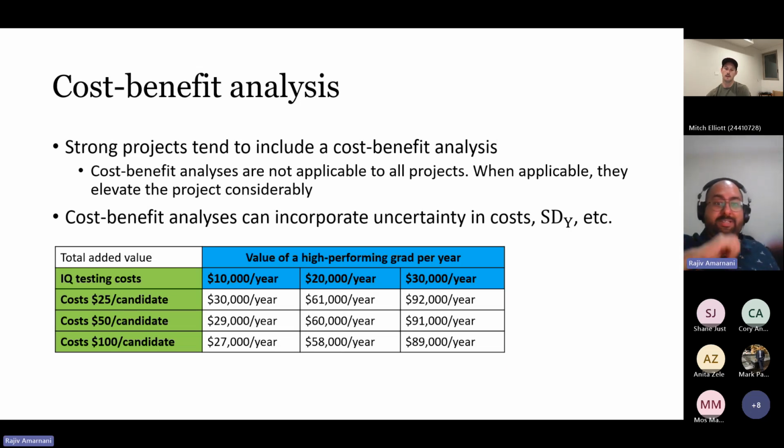Mitch, please. Yeah, go ahead. Raj, you said earlier that we couldn't use tables, or we shouldn't use tables in the project. But so how would we display this if we were to put it in our project? Yeah, that's a good question. For this sort of thing, the number itself is so consequential that this may be the one exception where you would want a table.